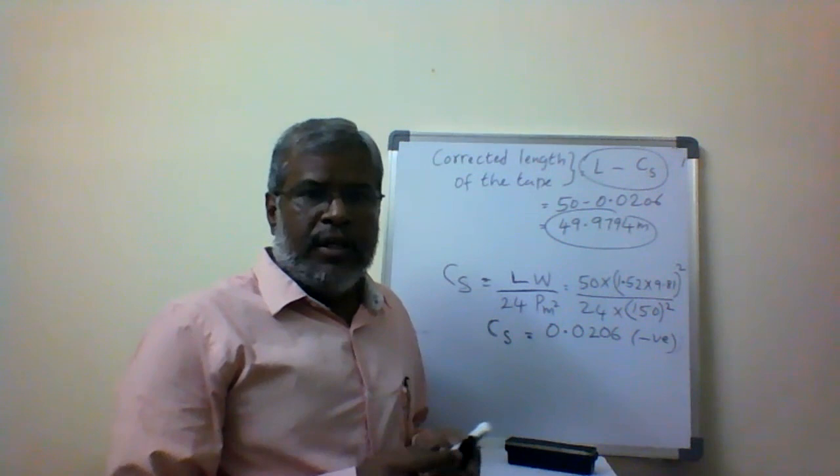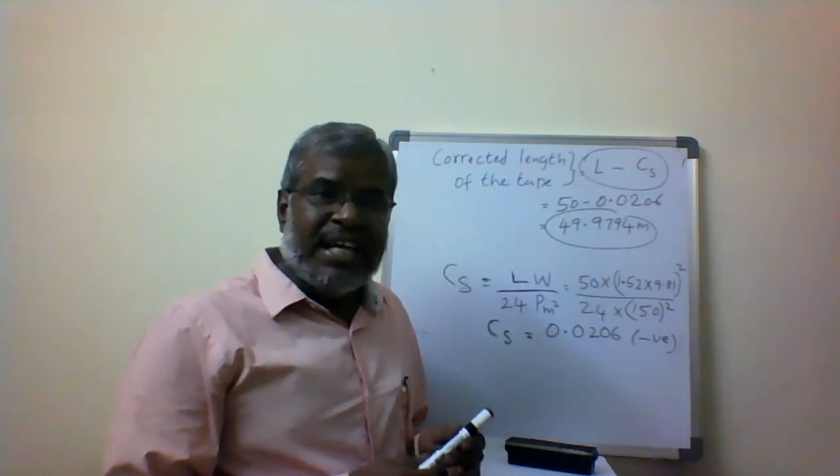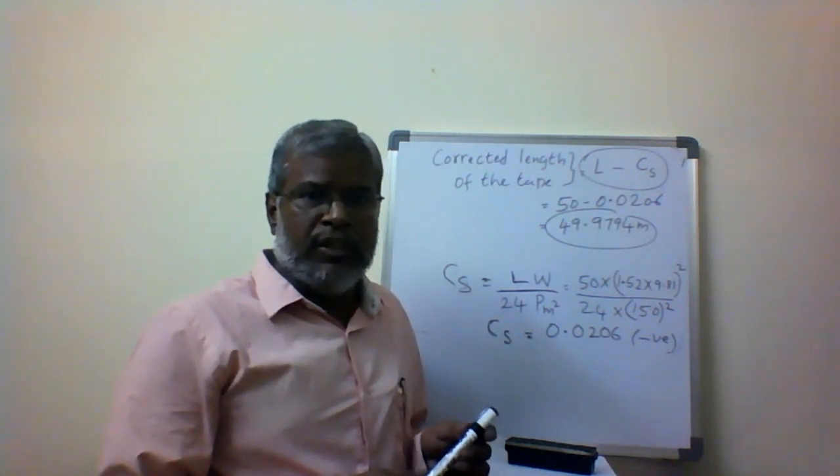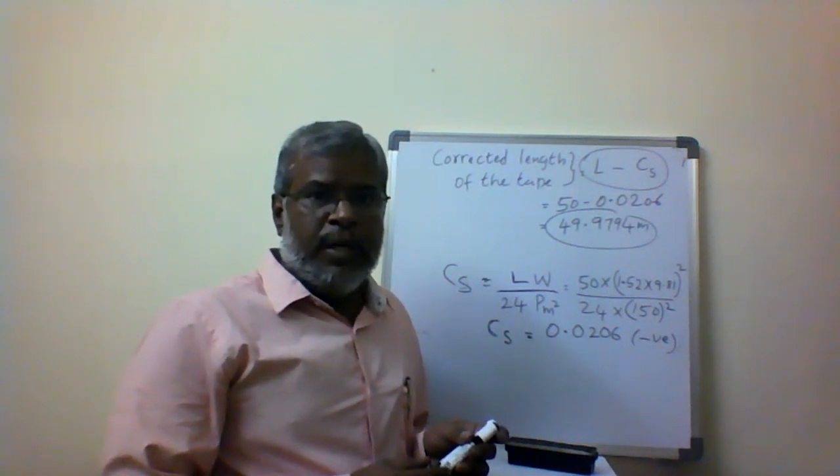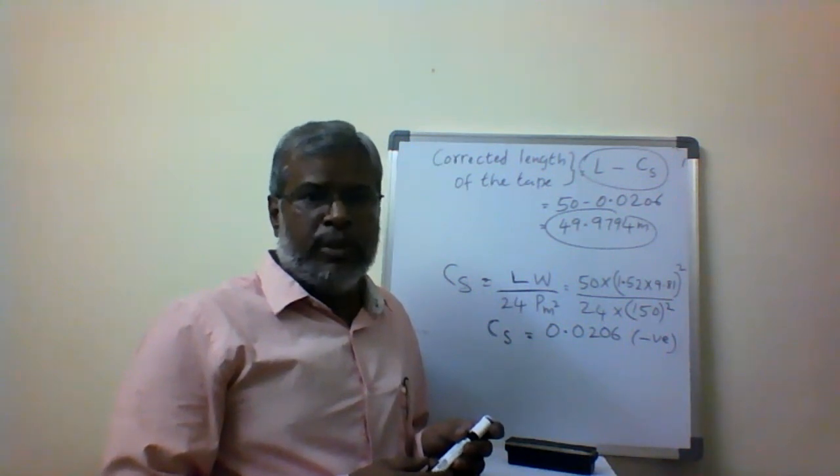So these are the problems on the chain corrections, correction for chain and correction for temperature. Next session, we will discuss direction measurements.